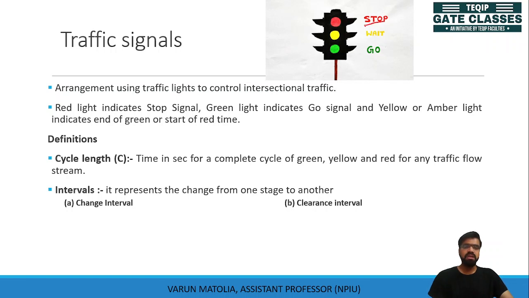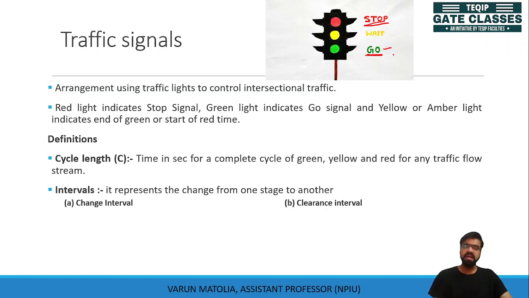Whenever you see a red light on the road, you intend to stop, or there is no traffic movement from this stream whenever there is a red light. Then you will find a green light. Whenever you are allowed to move through the intersection, you will see a green light.